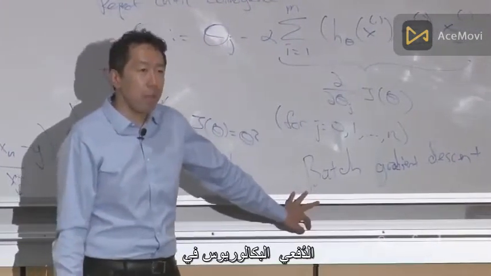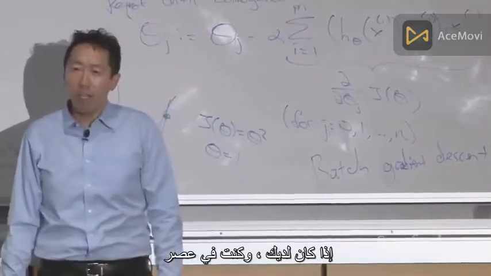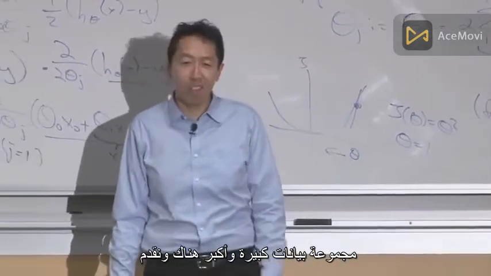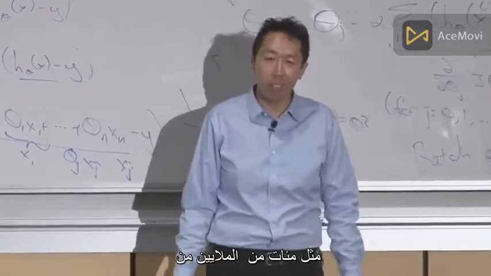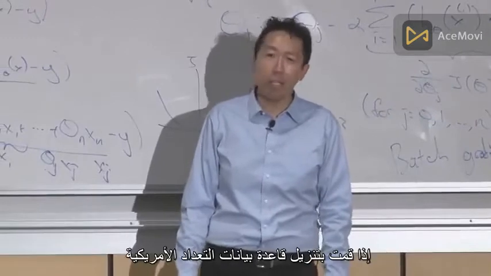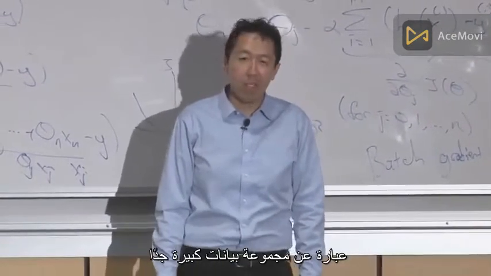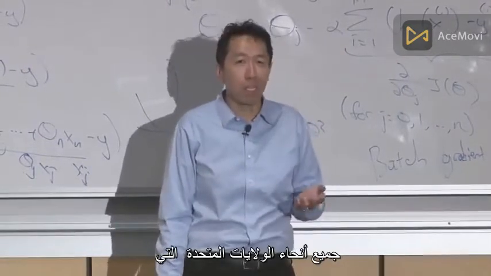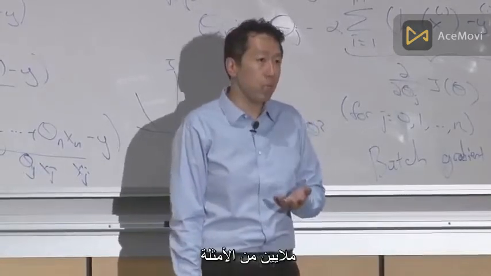The disadvantage of batch gradient descent is that if you have a giant data set, and in the era of big data, we're really moving to larger and larger data sets, right? I've trained machine learning models on hundreds of millions of examples. If you download the U.S. Census database, that's a very large data set, and you want to predict housing prices from all across the United States, that may have many millions of examples.